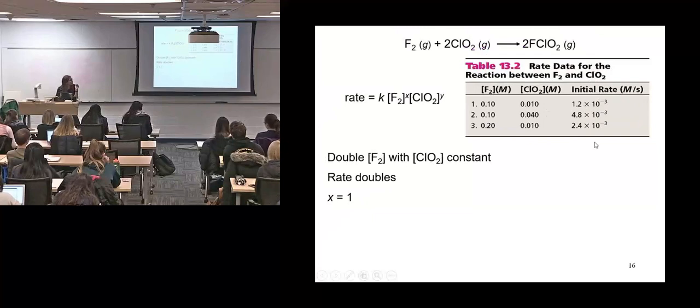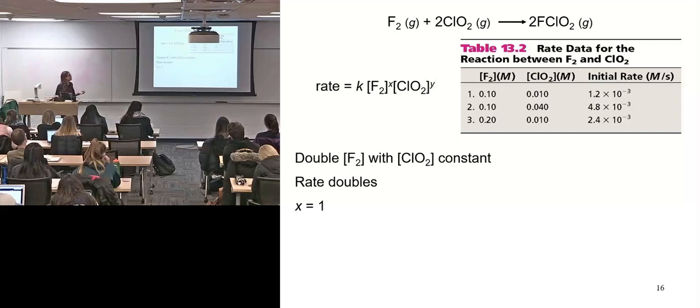So if the rate doubles as I double the concentration of fluorine, my exponent is just a 1. How is the concentration change of fluorine affecting rate? It's a 1-to-1 change. Fluorine doubles, rate doubles.